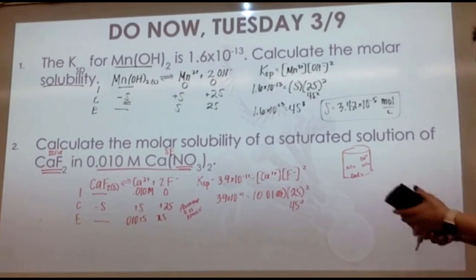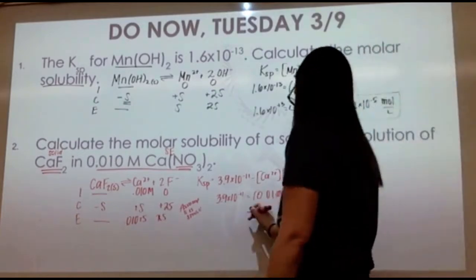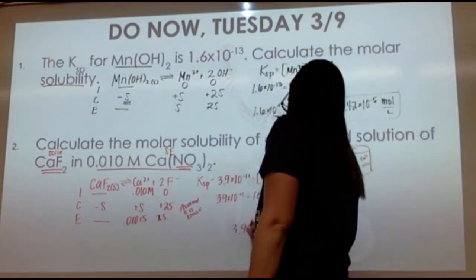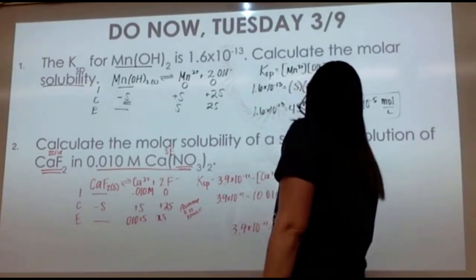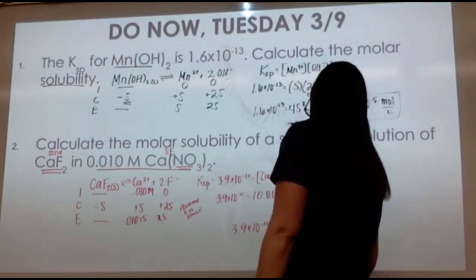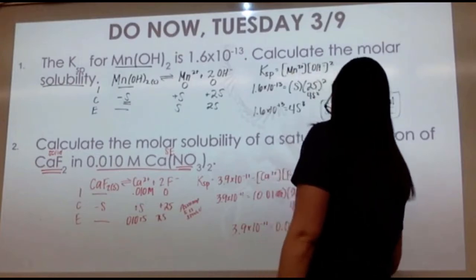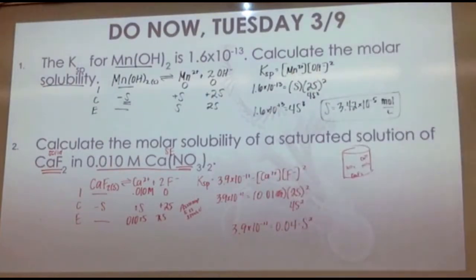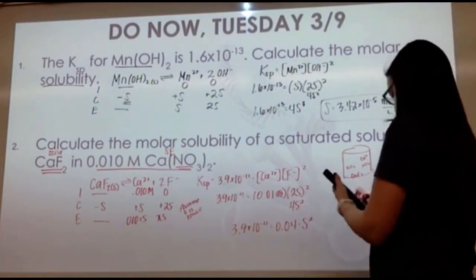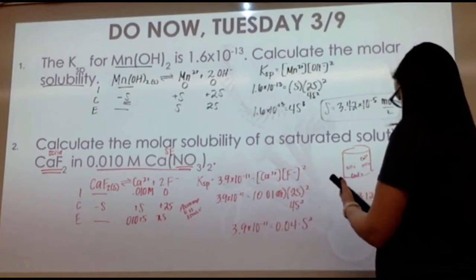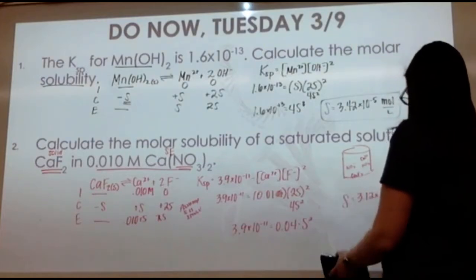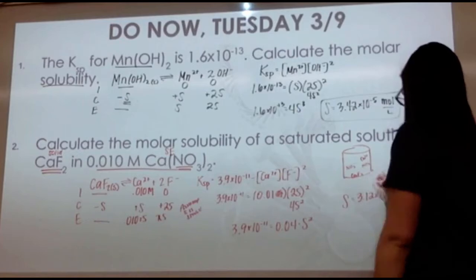You multiply that by 0.01. So 3.9 times 10 to the negative 11 equals 0.04 times S squared. So 3.9 e negative 11 divided by 0.04, and I can take the square root of that. 3.12 times 10 to the negative 5th moles per liter, or molar.